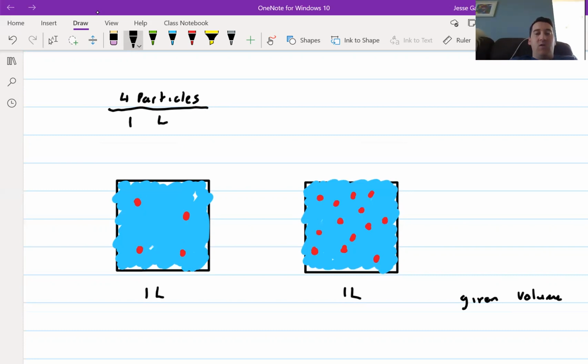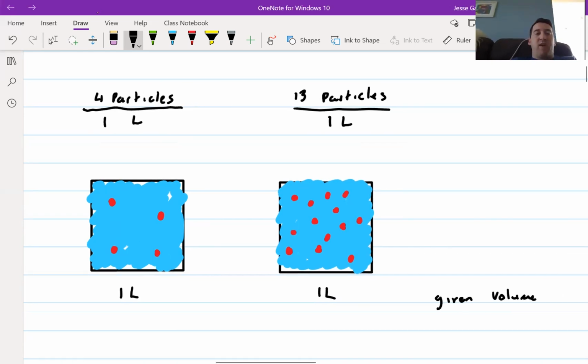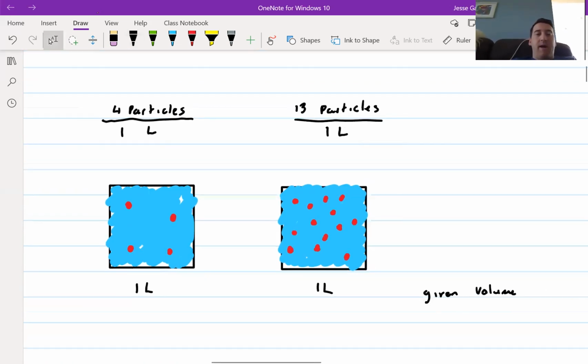The second one, we can count 1, 2, 3, 4, 5, 6, 7, 8, 9, 10, 11, 12, 13. 13 particles for every 1 liter. Okay, so that's how we might express these things and compare them.